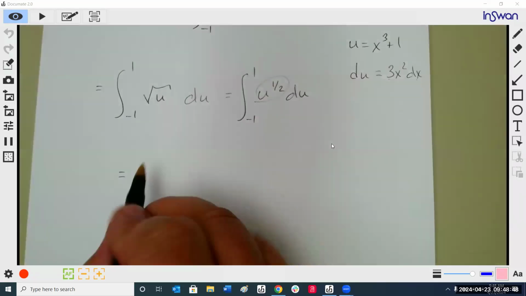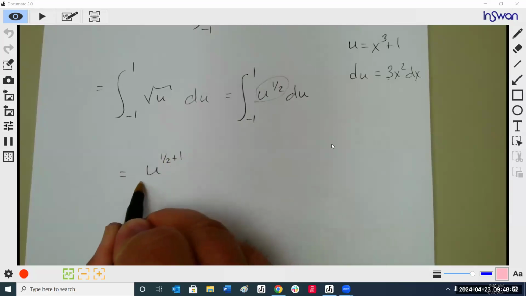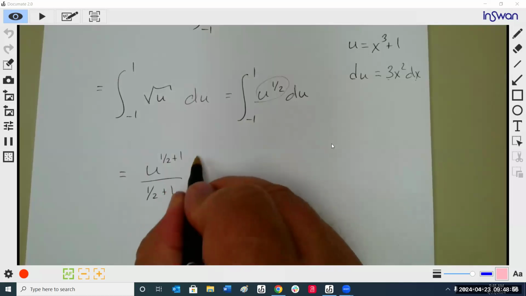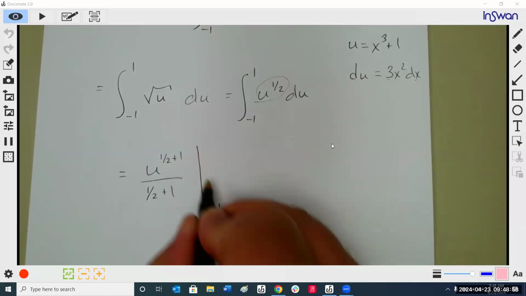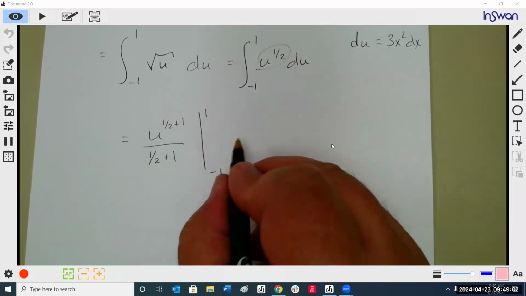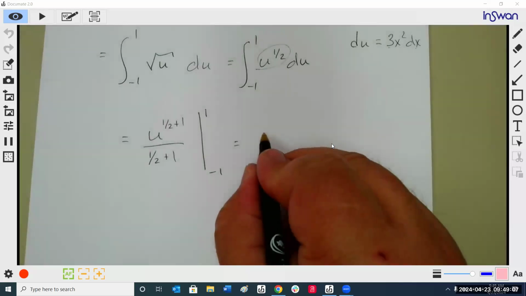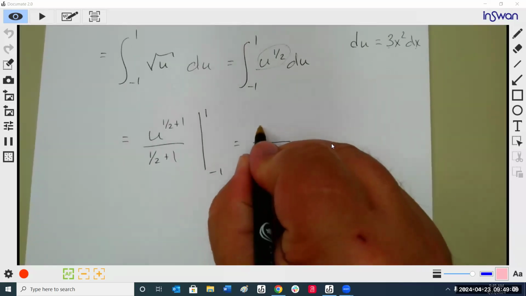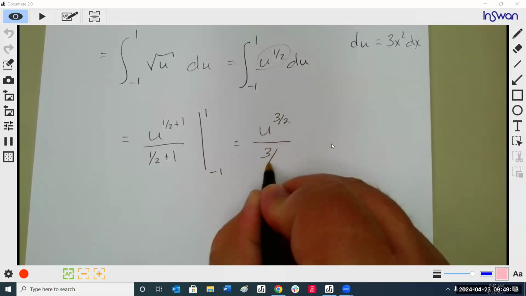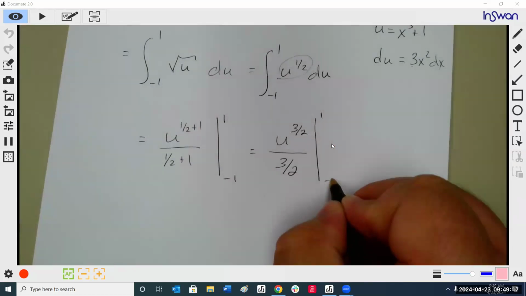The integral of that would be u to the 1/2 plus 1 over 1/2 plus 1, from -1 to 1. u to the power 3/2 over 3 over 2, from -1 to 1.